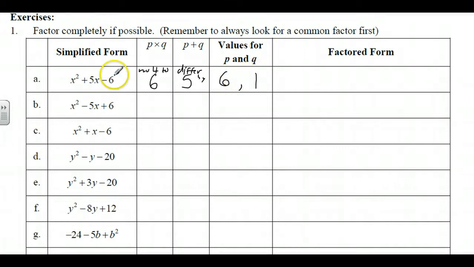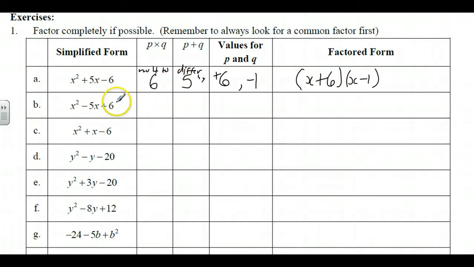I need, remember, I need a positive and a negative. So I need a positive 6 and a negative 1. Why 6 positive? Because the middle term is positive, so the larger number. So x plus 6, x minus 1. Do a quick mental check. X squared minus 1x plus 6x is plus 5x minus 6. Yes, so that works. So I'm done.